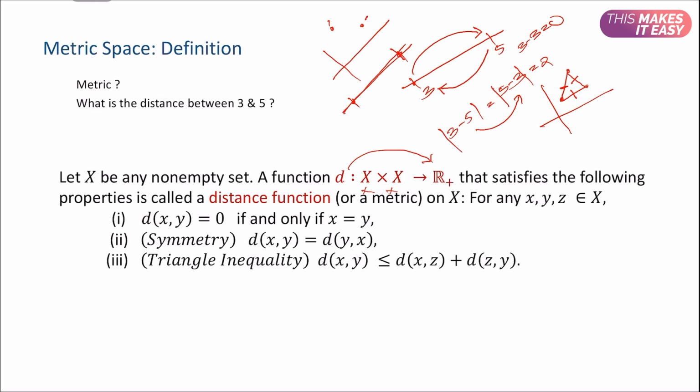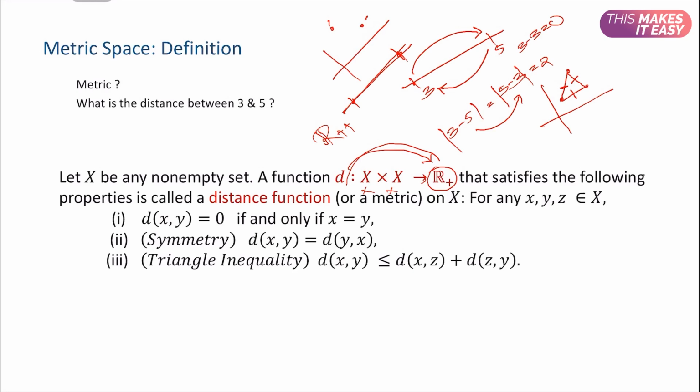So we will have 2 points. Those 2 points will map to R plus. R plus is the non-negative real numbers. It can be 0 but cannot be negative. That's why we denote R plus as non-negative. If we denote R plus plus, then it will be only positive numbers.